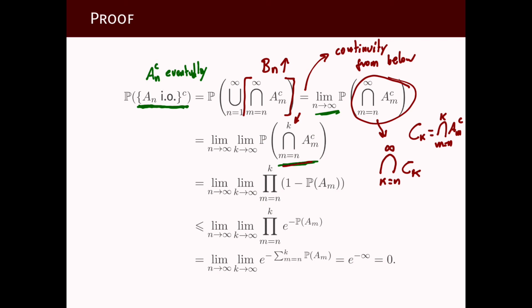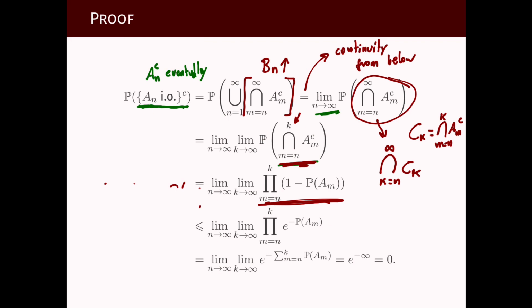Because now we're taking the intersection of finitely many events which are independent. So this will be just the product of the probabilities of these events. And we know the probability of A_m complement: this is 1 minus the probability of A_m. This is what is written here.